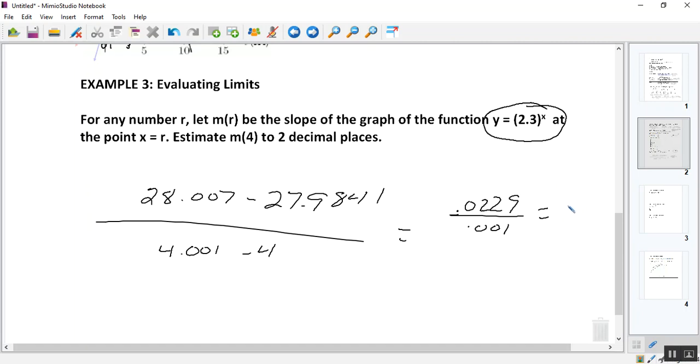Who's got a calculator handy right now? I'm just curious. I'm going to tell you how close we were. Type this in your calculator for me: the natural log of 4. Do we have a calculator handy? Natural log of 4. Got that number? Now times that by, ooh, we're going to be off a little bit, aren't we?